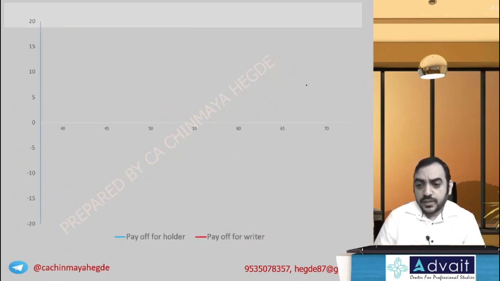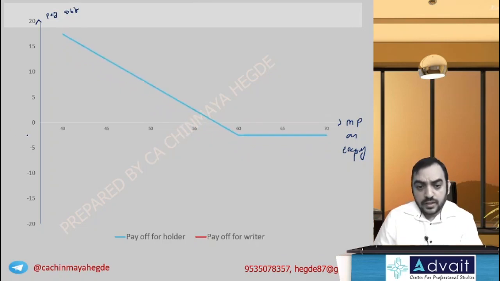Let me explain. On the x-axis, we will have market price on expiry, and on the y-axis, payoff. So what are the things we have got? At 40 rupees for the holder, we got 18 rupees, somewhere here.